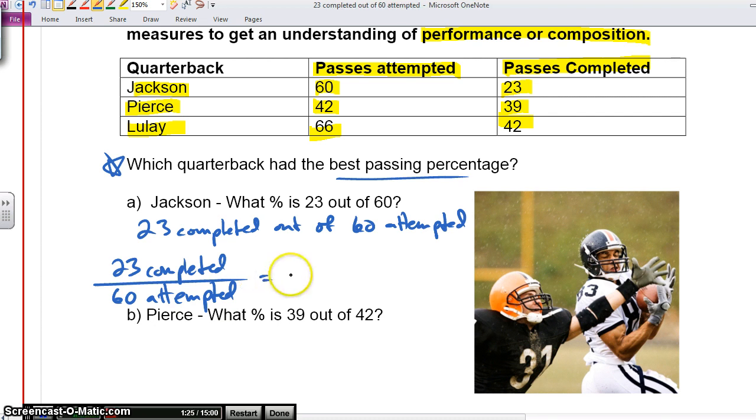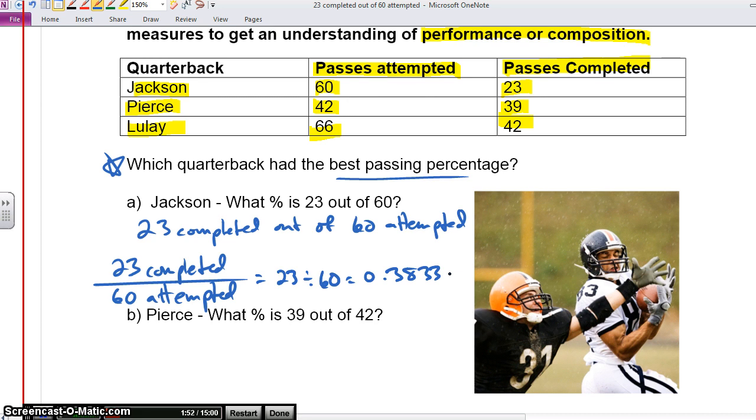In the past, when we've worked with percent, we've divided those numbers. So let me maybe show you that step here. And that's how we went from a fraction to a decimal. So 23 divided by 60 gives us our decimal, 0.3833, so 0.3833 of the time he made his pass.